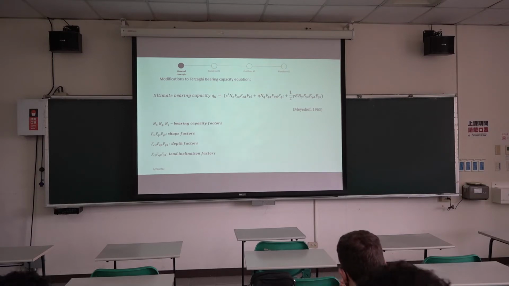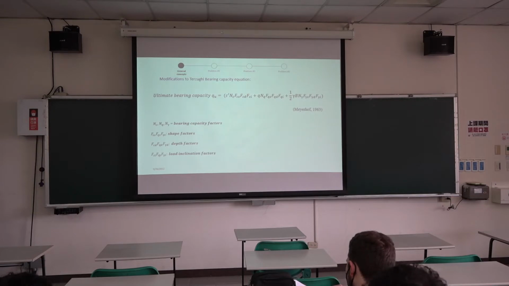So today we are just going to go through some examples using this modified bearing capacity equation. And I think that will give us a better understanding of how to use the equation. If you have any questions, please feel free to stop me and ask me.